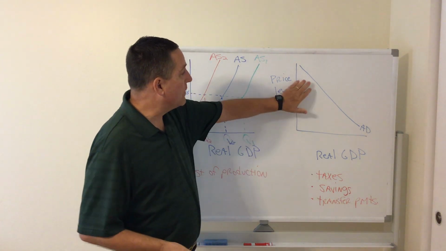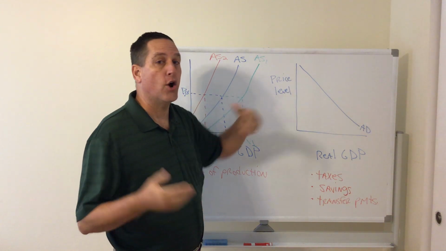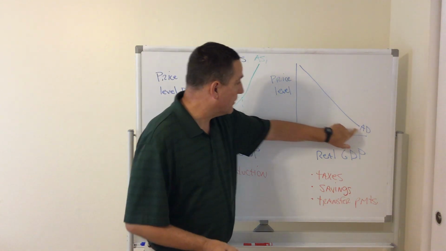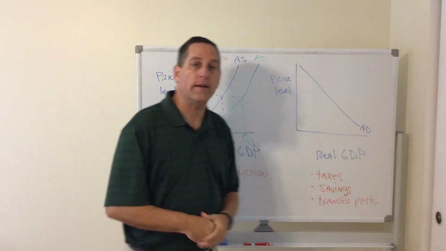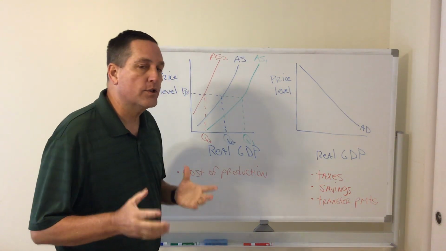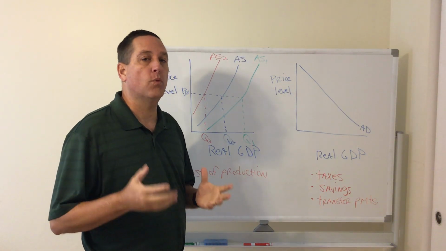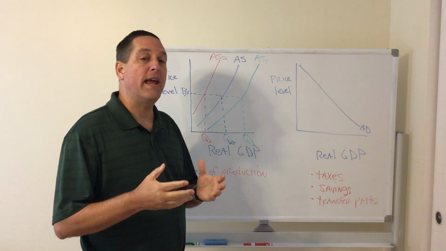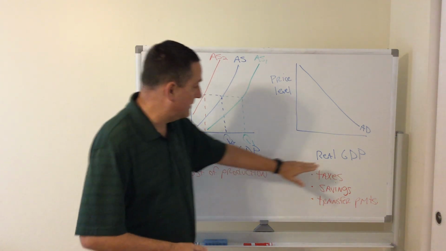Okay? Aggregate demand, like all demand curves, slopes down and to the right. Again, we're talking about the demand not just for one item, but the demand for all items in the United States.